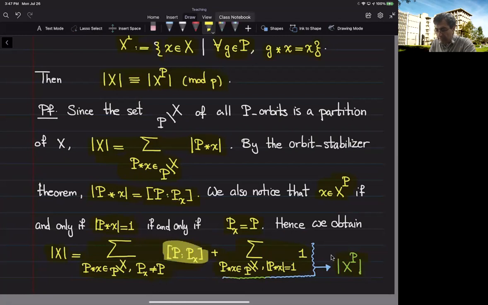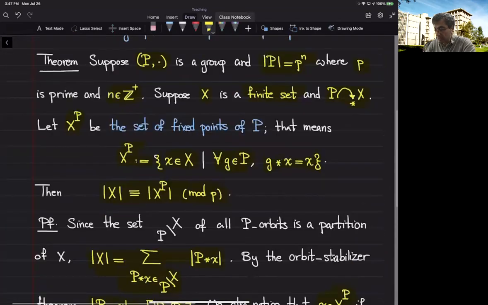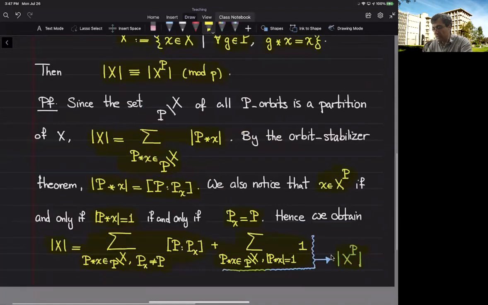Notice that this is a divisor of the cardinality of P because of Lagrange's theorem. This divides the cardinality of P. Now, the cardinality of P is p to the n. So this means that these terms are divisors of p to the n.